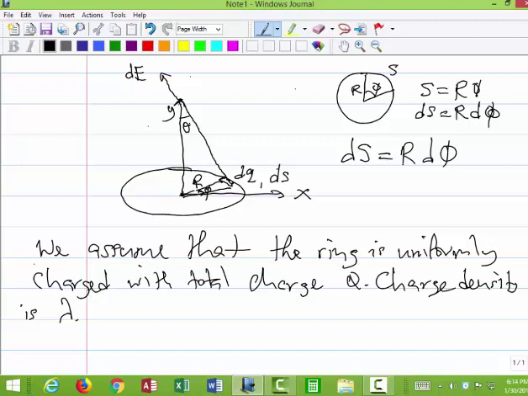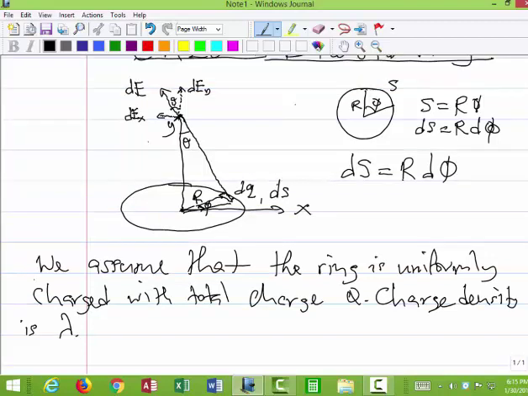With this, we shall have a y component, dEy, and an x component, dEx, like that. So we have two components for the electric field, and this angle is theta also. Is everybody seeing that?